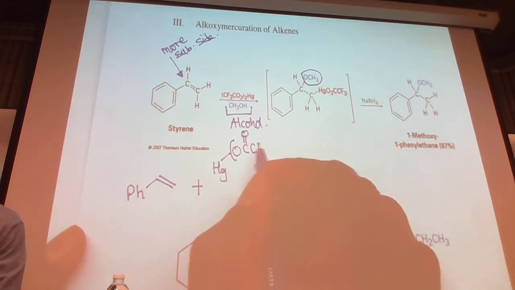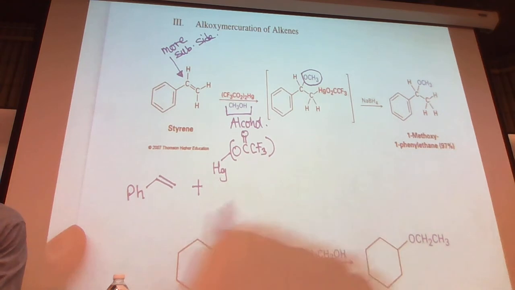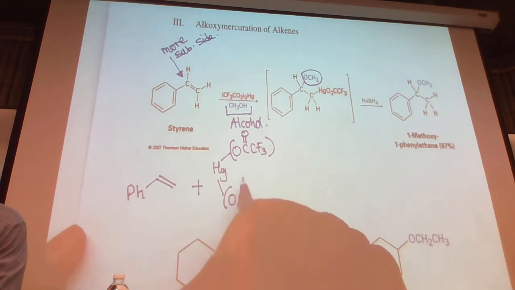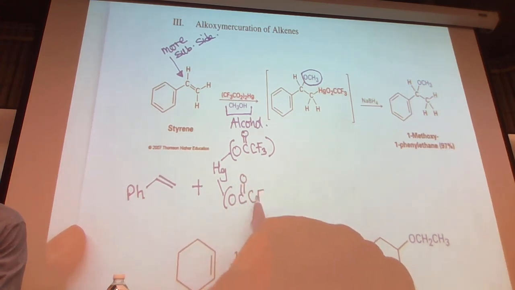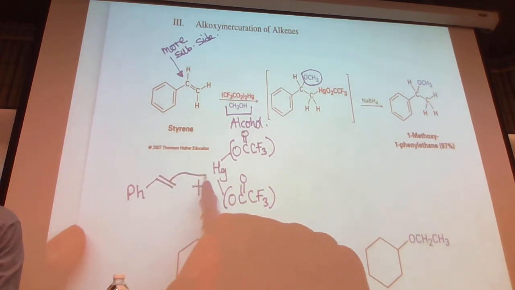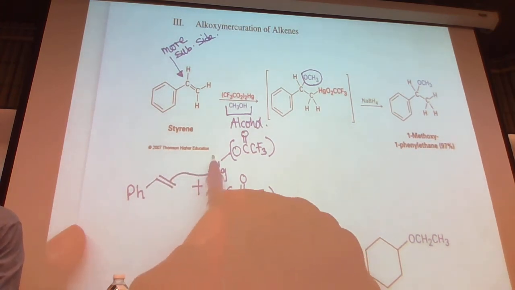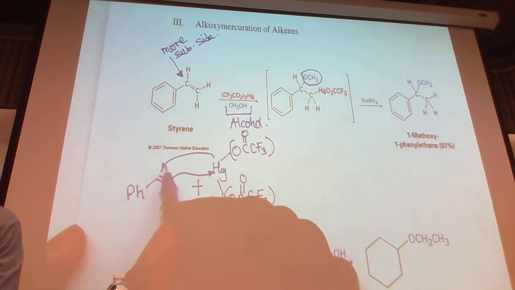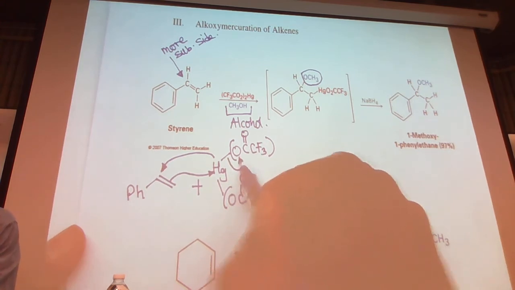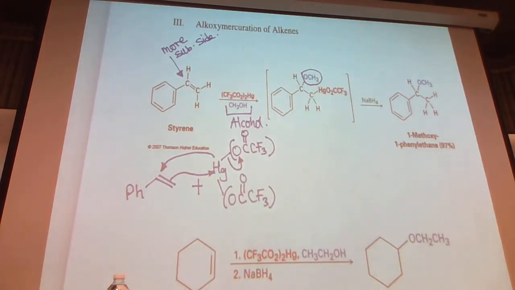Then the CF3. So that means the mercury is bonding to the oxygen, then carbonyl. Okay. So your electron goes to mercury. This will come back here. Kick out one of the groups. So I've used color pen there, but that's okay.